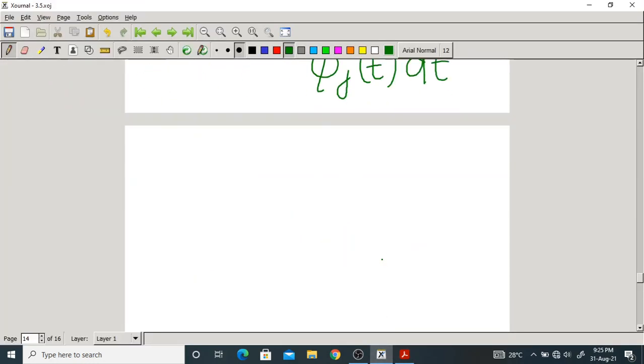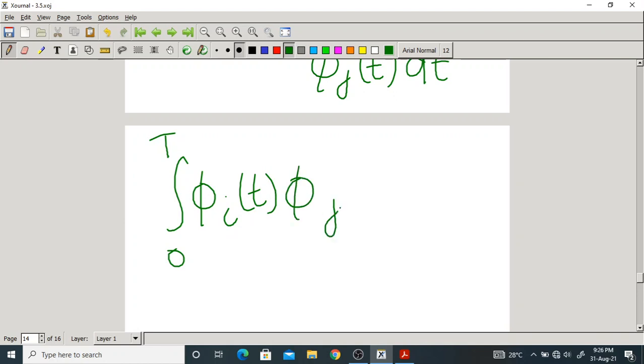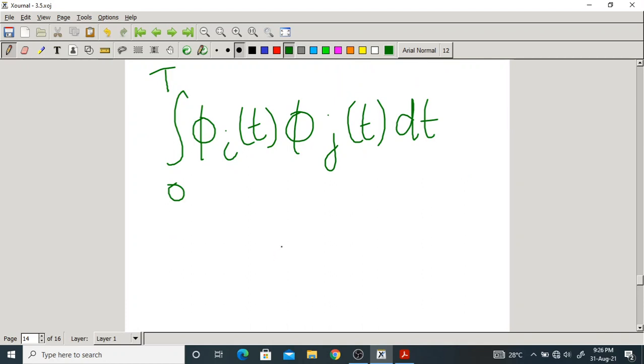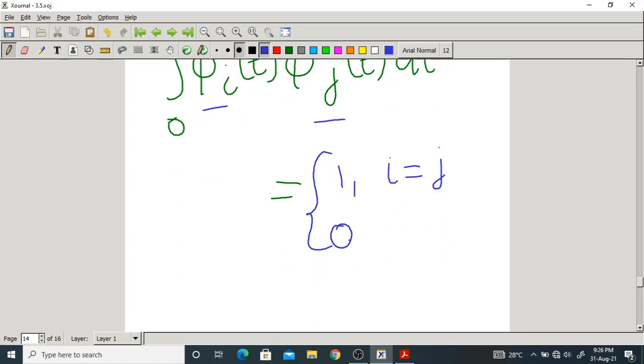In the simplest form, what can you say? The integral from 0 to T of phi i of t phi j of t dt should be, taking two random basis functions phi i of t and phi j of t, 1 if i equals j. If i equals j, we are just finding energy. Why? Because if i equals j, phi i of t whole square dt is energy, right? It is 0 if i is not equal to j.